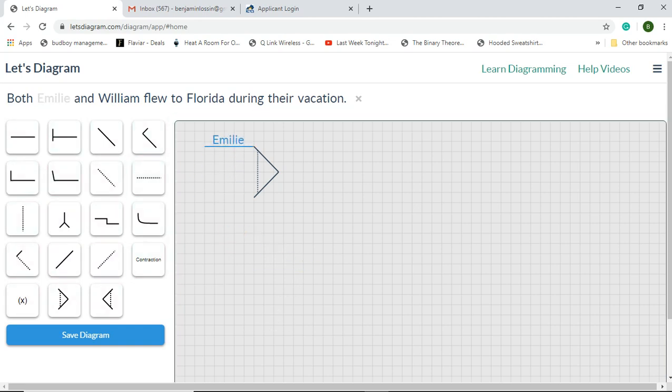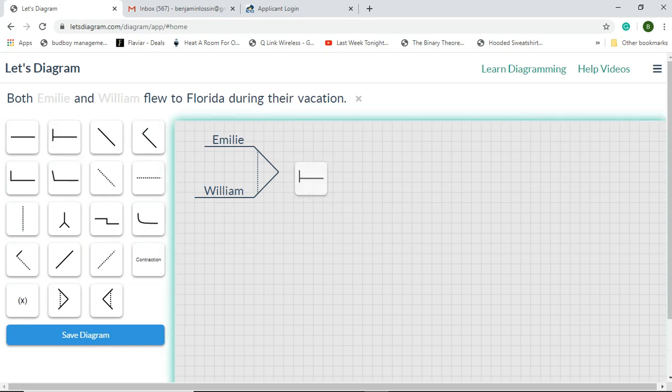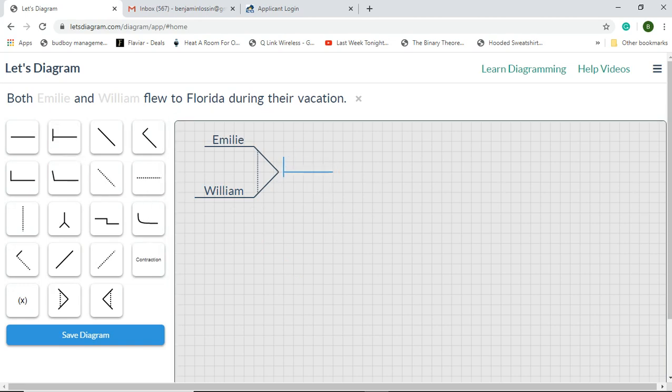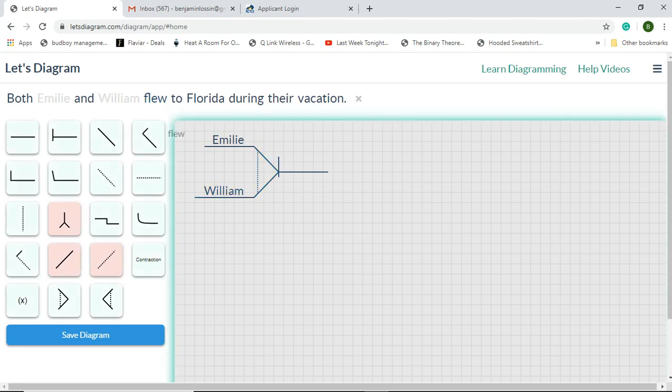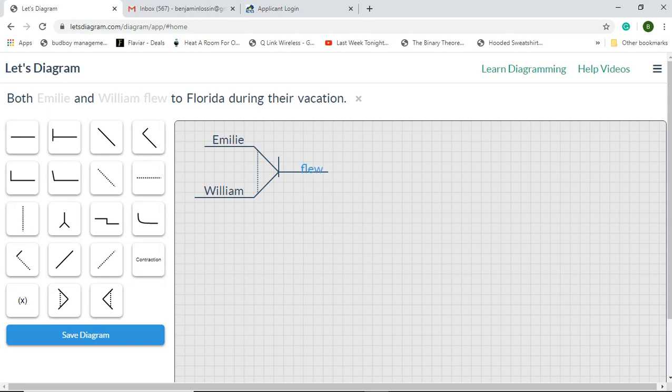And William is the second compound subject of the sentence. So what is our verb? Our verb is flew. What are they doing? They're flying.